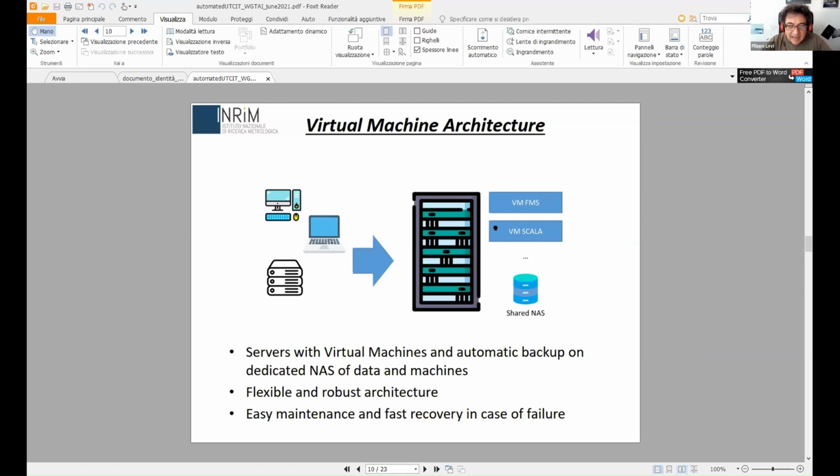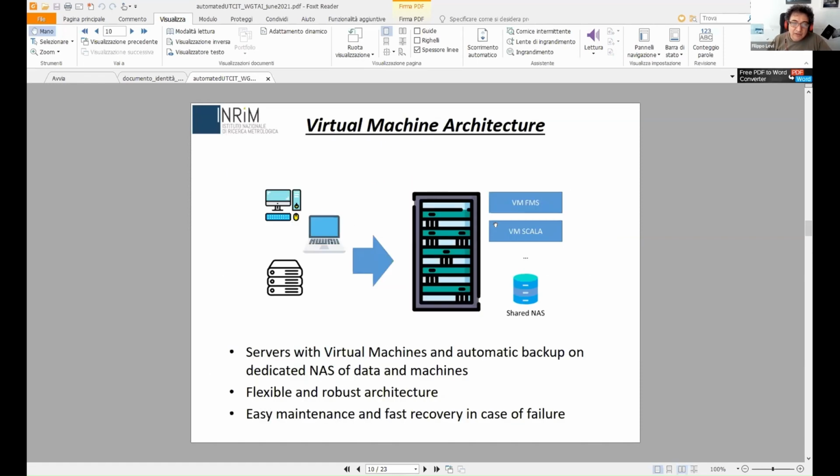And then we have all the data that are shared on NAS or other types of magnetic support. So this is a very flexible and robust architecture, easy for maintenance and for fast recovery in case of failure, because rebooting a virtual machine is much easier than rebooting a real machine.